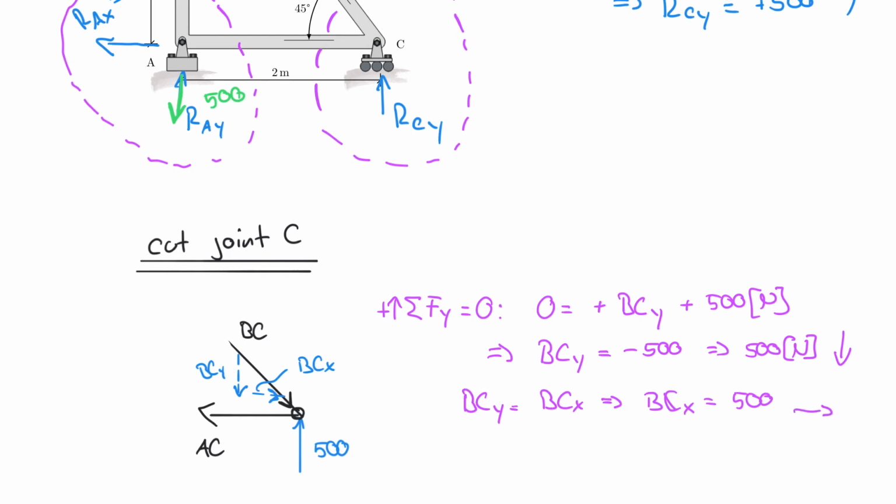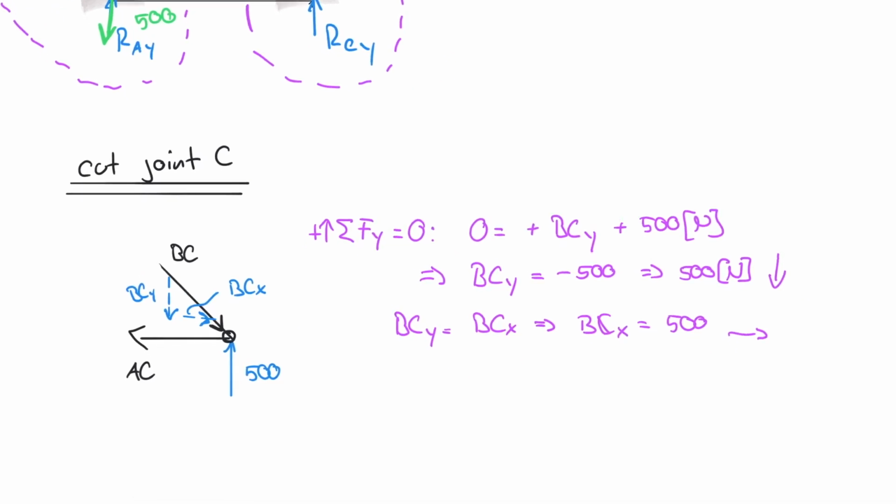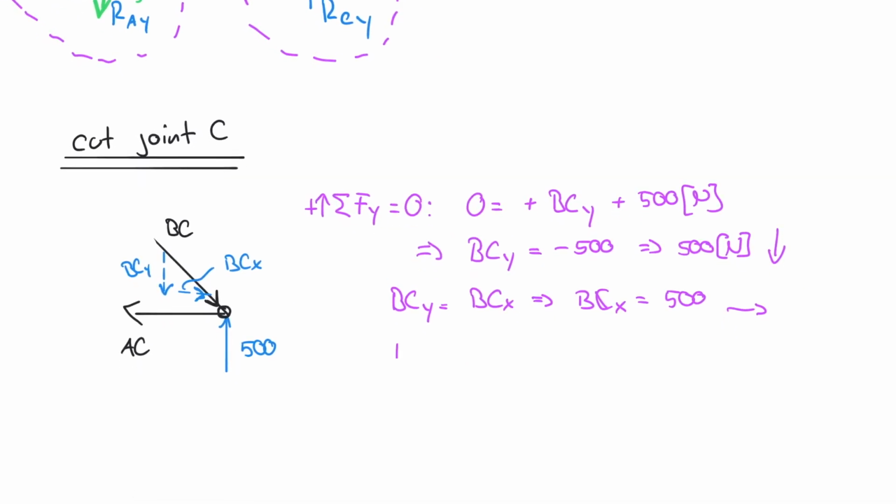So now that I know that, I can do one of two things. I can either calculate BC first, or I can set up the equation in the x direction. But I think it's better for us to calculate BC first. Because of the 45-degree angle, BC is equal to 500 times square root of 2. The square root of 2 simply comes from a triangle that is 1, 1, and square root of 2, right?